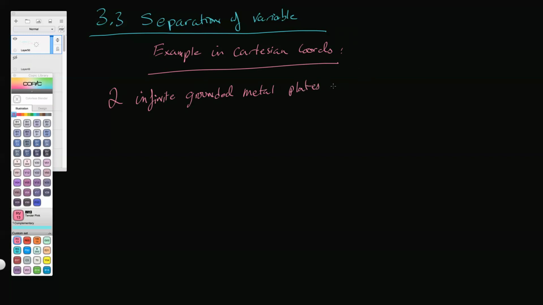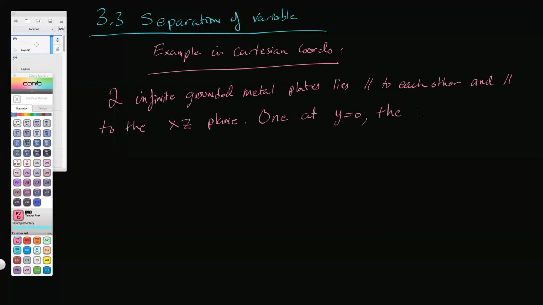And let's let them lie parallel to each other and parallel to the xz plane. We'll have one at y equals 0 and the other at y equals a.